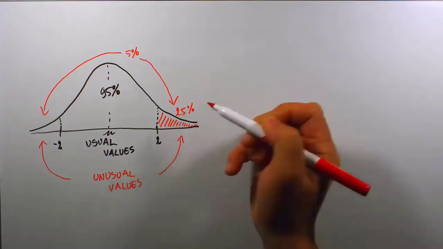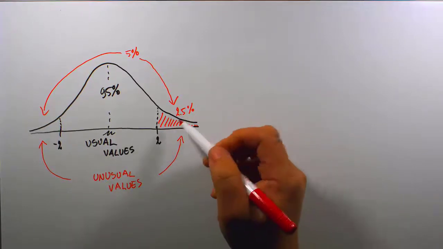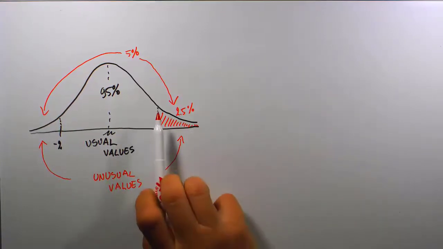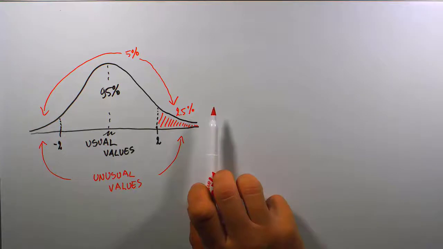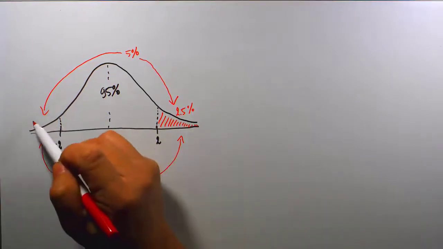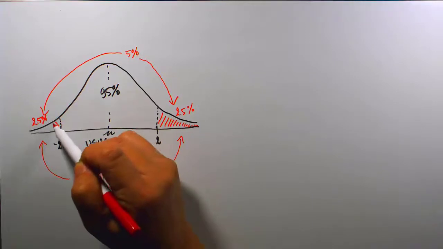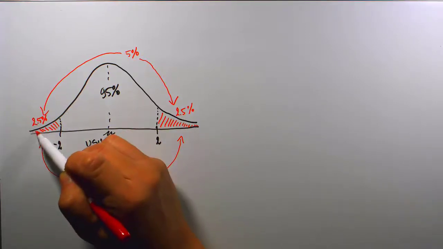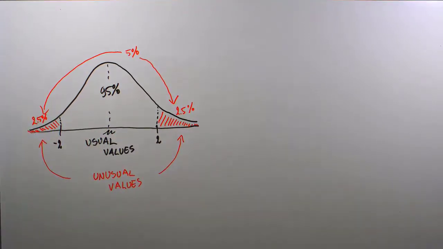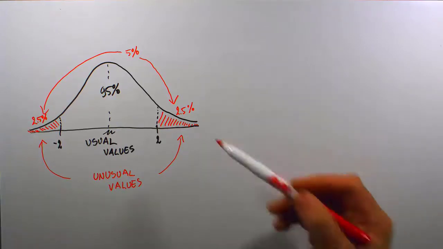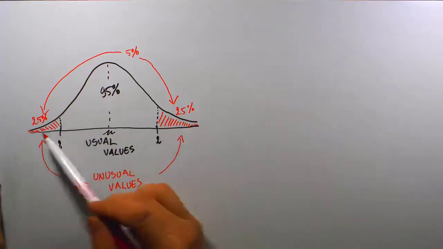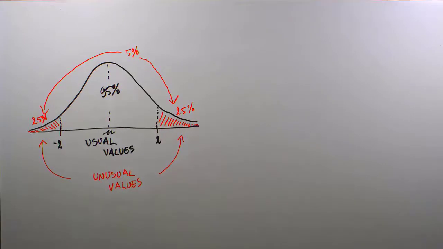There's only 2.5% of those values above z-score 2, or only 2.5% of those values falling below z-score -2. And having low probability like that, low percentage like that, that's why those values are referred to as the unusual values.